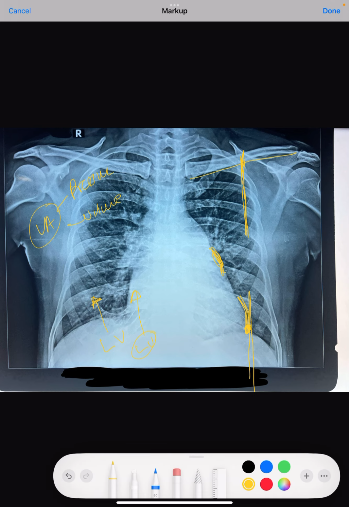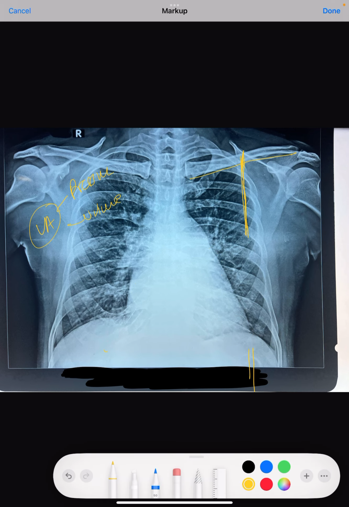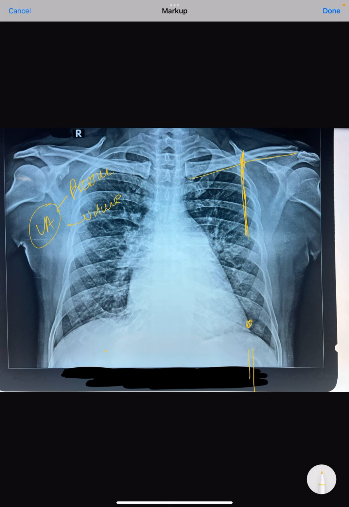If there is a large amount of blood flowing from left ventricle to left atrium, it means the left ventricle should get more blood. It means the patient's apex should be down and out, but the apex is not down and out. It means there is no volume overload, it has to be pressure overload. That is the reason why the left atrial enlargement is there and the apex is not yet shifted out. It means it is a pressure overload.